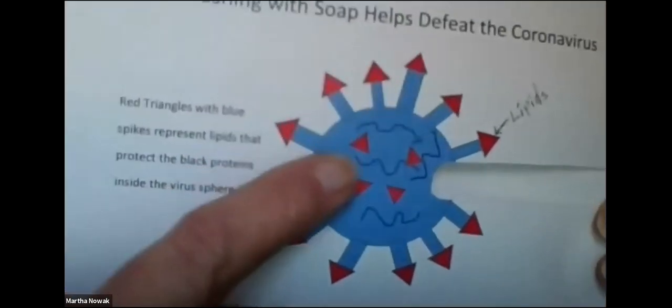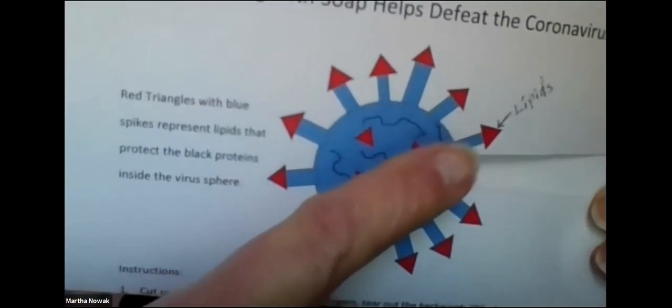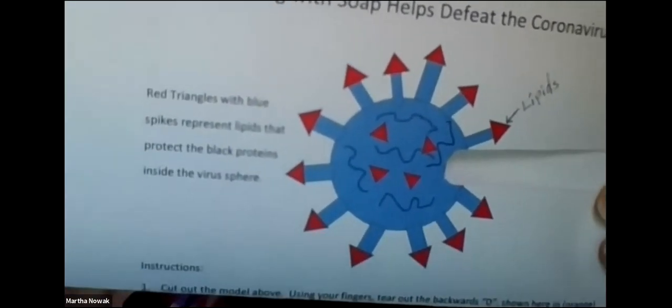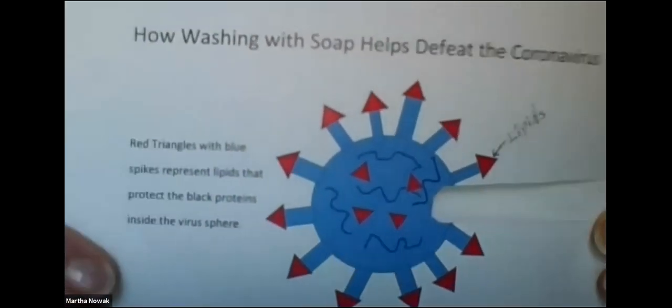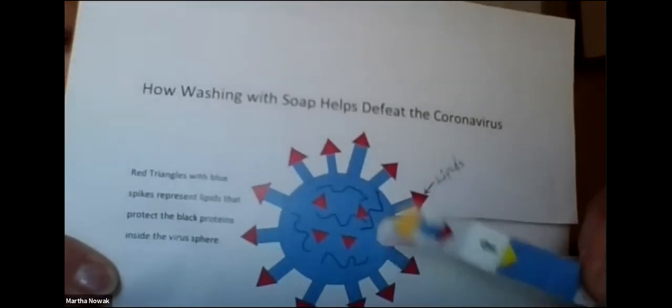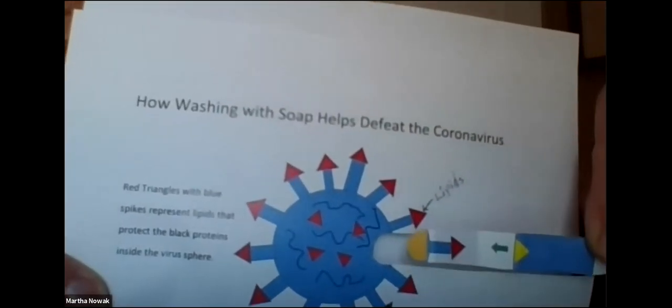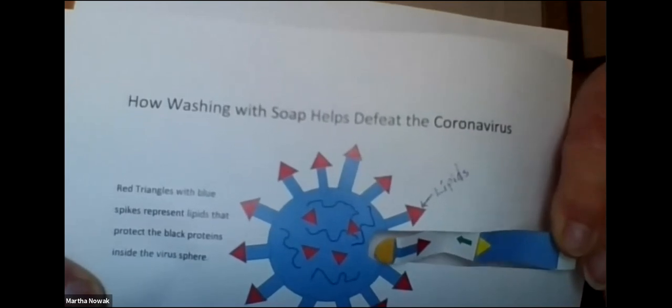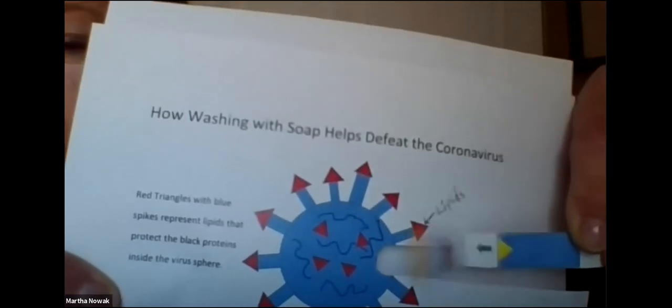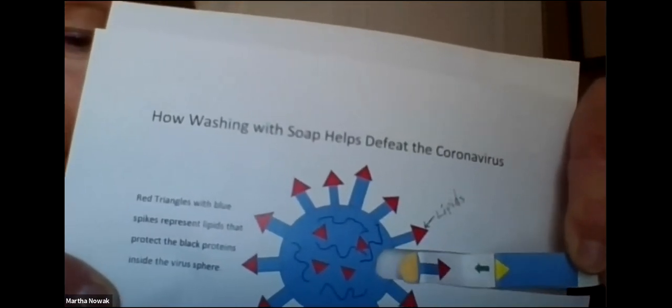So here's my model. And you see the lipids are these red triangles on the end of this model. It has like little spikes. And here is where a lipid is going to come in and grab the lipid on the coronavirus.